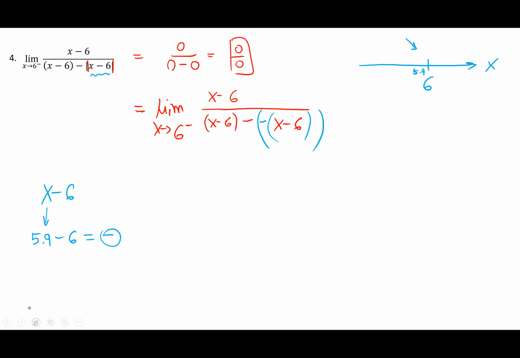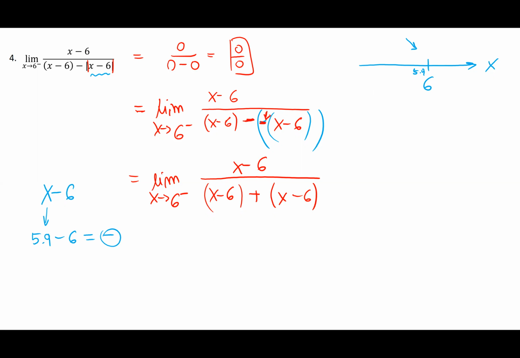Have to be really careful because we have lots of negative numbers. Limit as x goes to 6. Okay, x minus 6, x minus 6. And now this negative and my negative actually becomes positive. Because we can see that negative and that negative, this is the negative from the definition of absolute value.